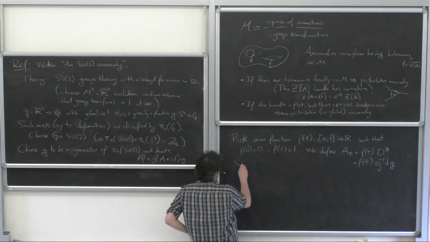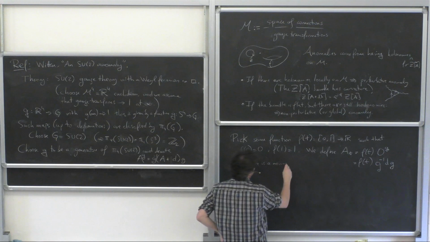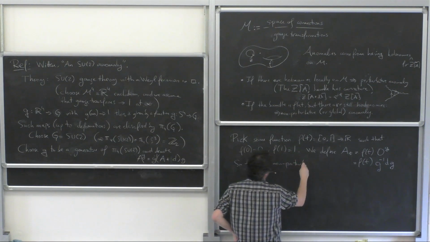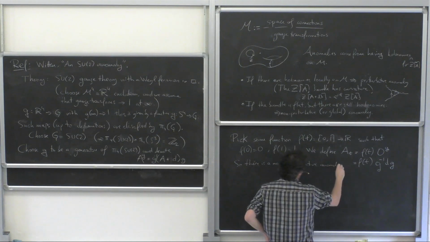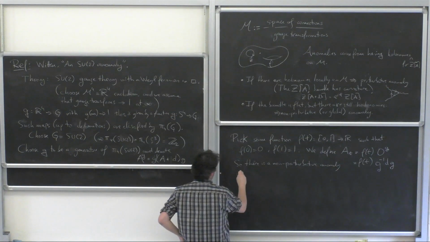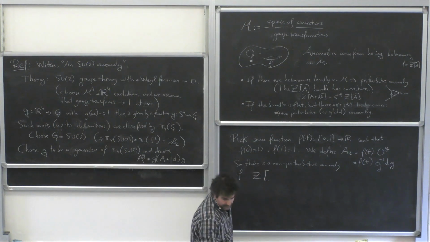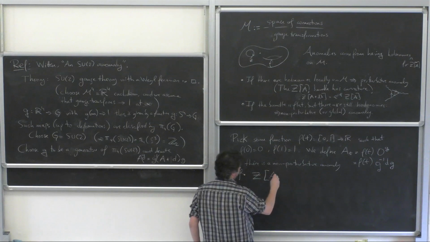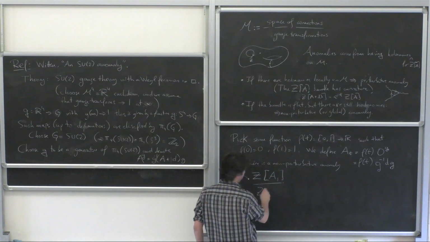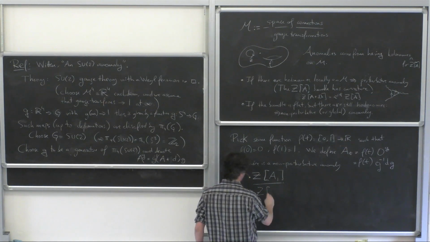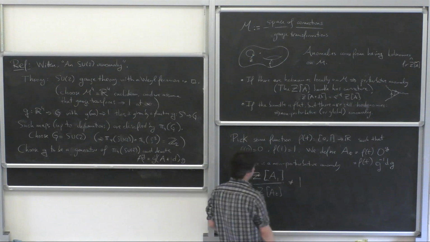So there's a non-perturbative anomaly if the set of A at 1, defined by parallel transport, is different from the set of A at 0.